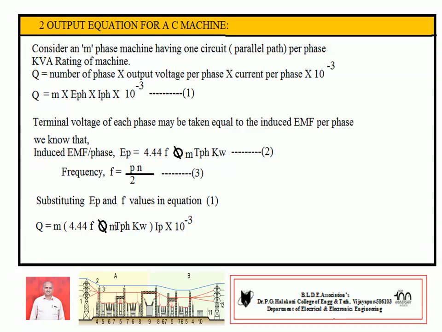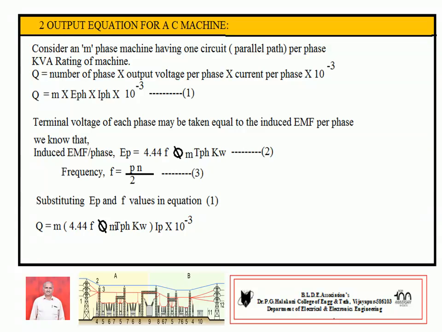What is the individual EMF per phase? We already know E phase equals 4.44 f phi m T phase K w, where T phase is the number of turns per phase, K w is the winding factor, f is frequency, and phi m is maximum flux. This is equation 2.